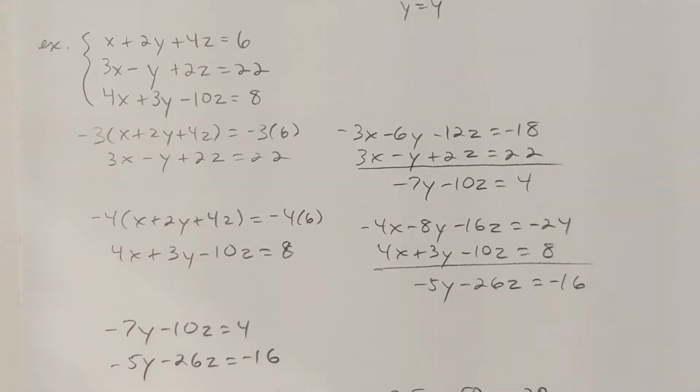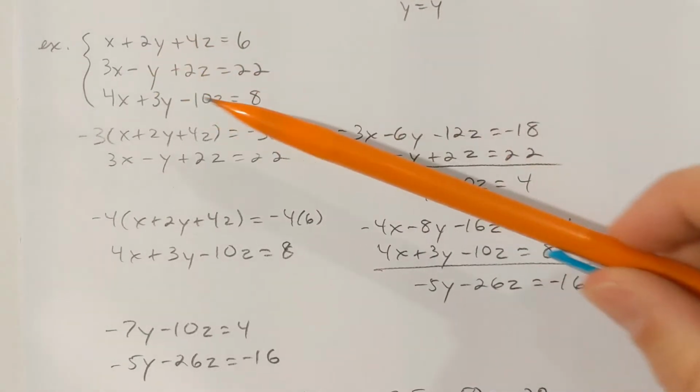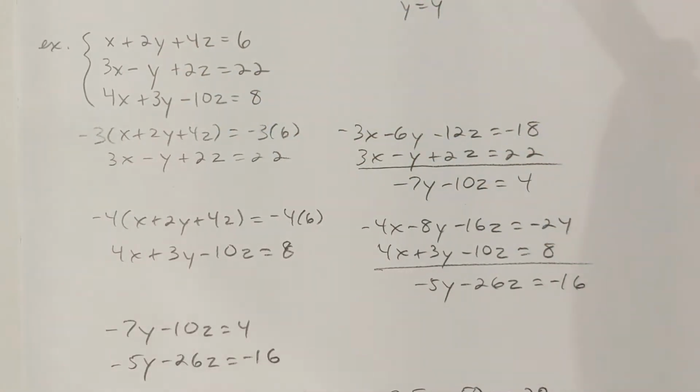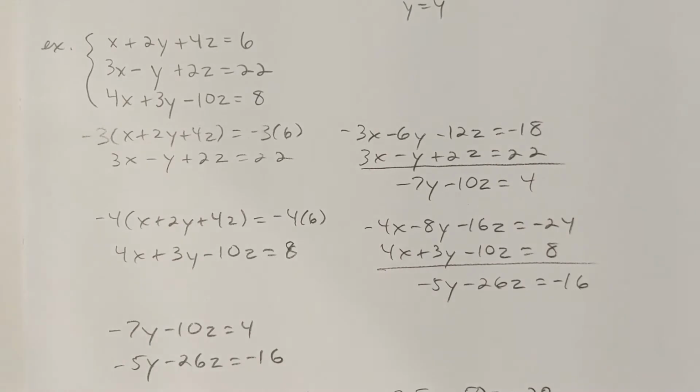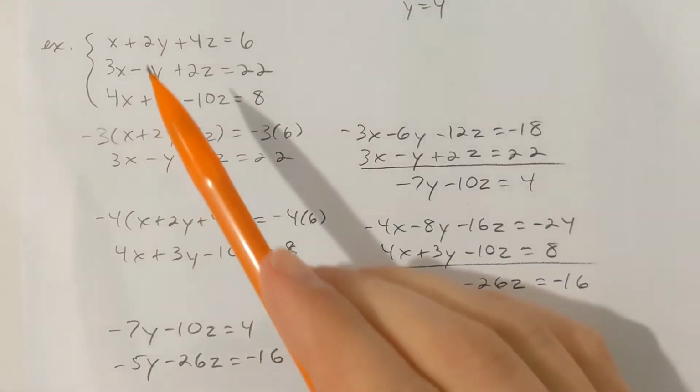So in this example I want to solve this 3x3 system. Usually when we have a 3x3 or bigger system, the plan, at the moment at least, is to use the elimination method repeatedly. In this problem I'm going to eliminate x.